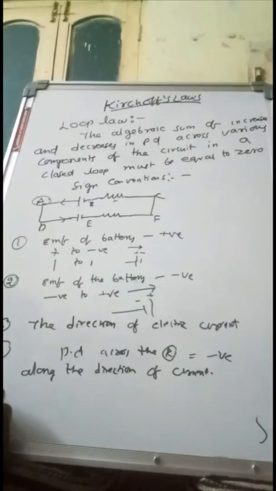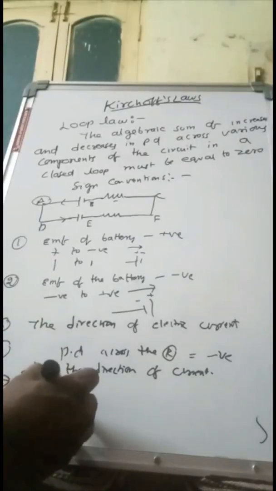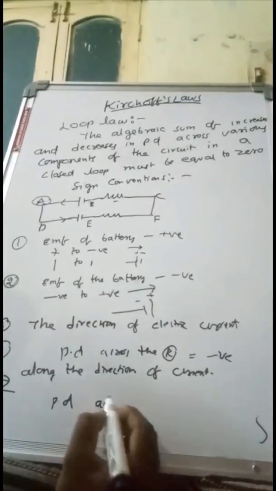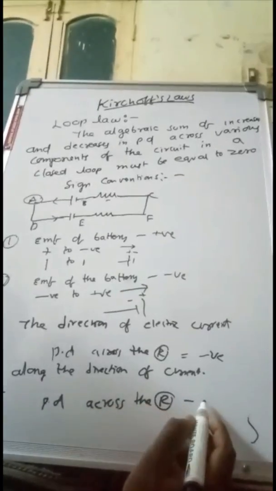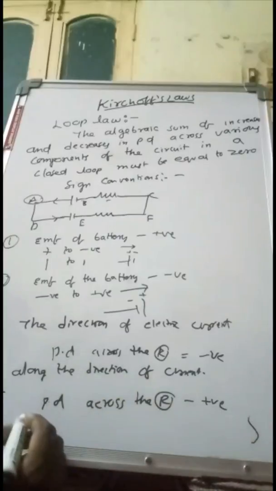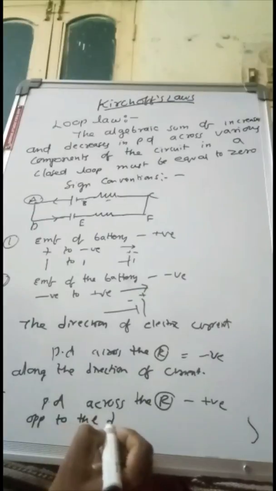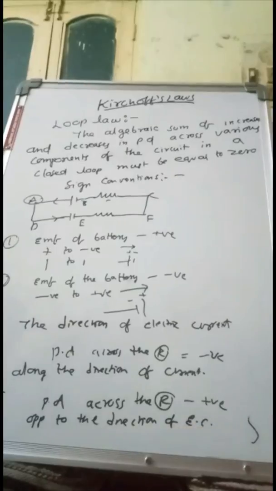If your loop is moving in this direction and the current direction is also like this, then we take it as negative. And the last sign convention is that the potential difference across the resistor is taken as positive if we move opposite to the direction of electric current.